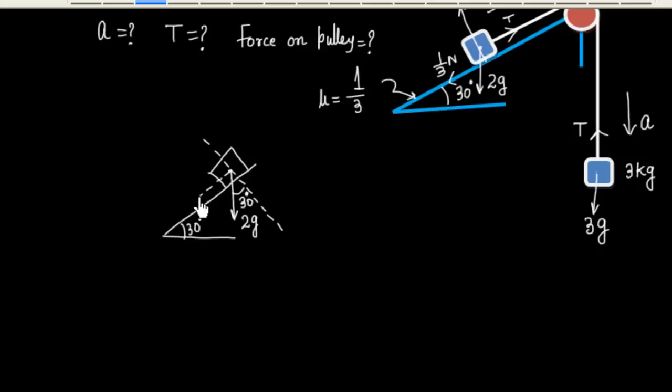Now break this 2g along the incline and perpendicular to the incline. In this direction we will have 2g cos 30, and in this direction we will have 2g sin 30.